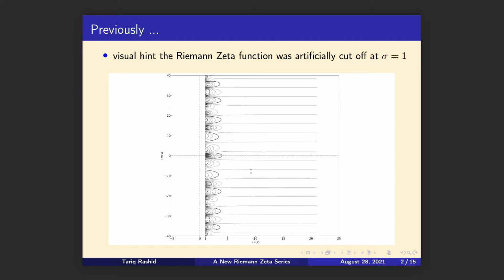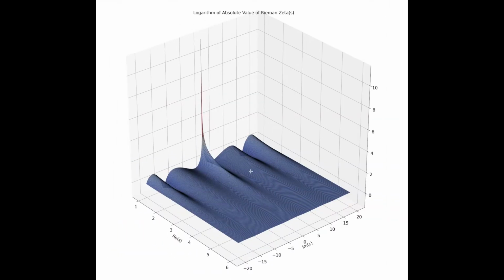And here's another quick view of it as a reminder. You can see there's a point where it gets larger and larger and larger, and that corresponds to the value s equals 1 with no imaginary part, and that's the harmonic series. So we know there's a discontinuity, a singularity, as it approaches s equals 1.